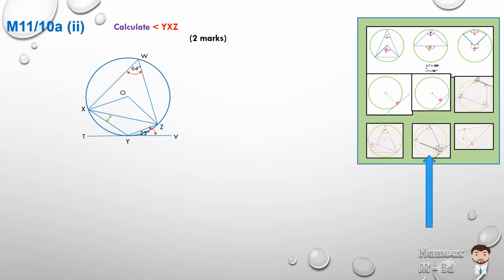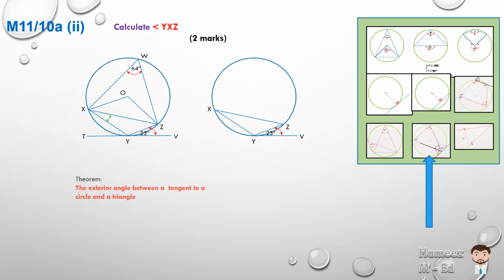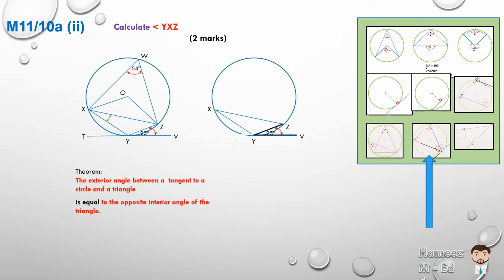So let's extract it. And when we look at it, let's recall the theorem. The theorem states the exterior angle between a tangent to a circle and a triangle, and let's put that up there with two black lines to show the angle, which we know, is equal to the opposite interior angle of the triangle.